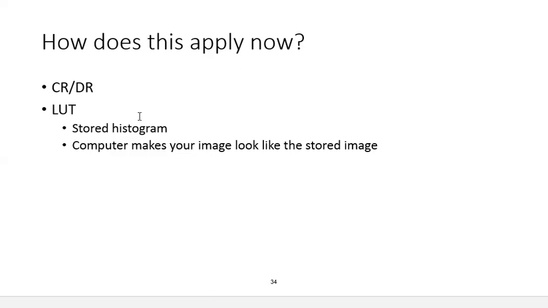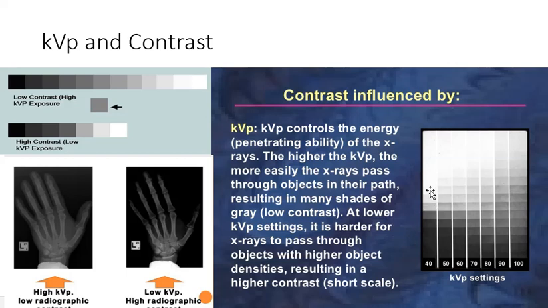And if you shot with your kVp being slightly too low, then the computer algorithm, providing you penetrated through the structures, can manipulate those density levels to make your histogram look like the lookup table. So if you shoot with such a low kVp, going back up to our pictures of the step wedge, that you don't penetrate through all the tissue types, then you feed your computer something that it can't handle.